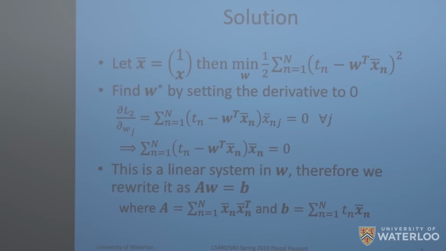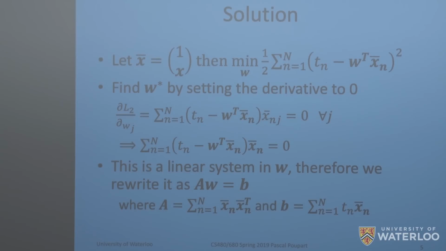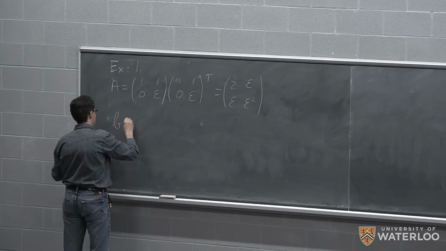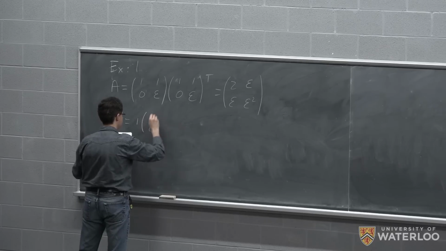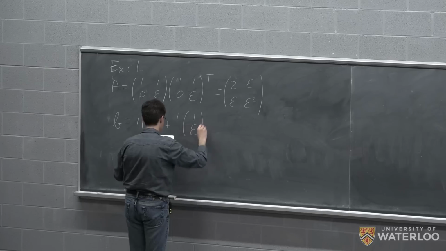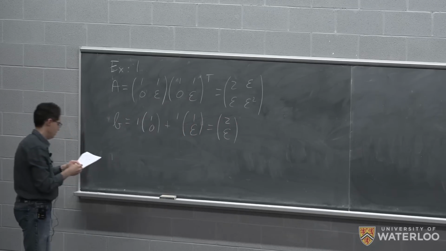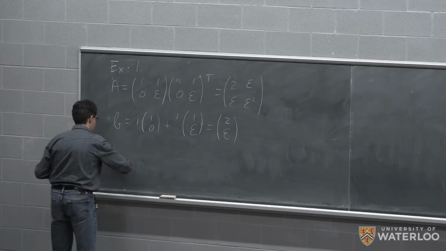In the same way, I can use this expression for B, which will give us the following expression. For B, we have 1 times 1, 0 plus 1 times 1, epsilon, which is equal to [2, epsilon]. To compute the solution, I need A inverse.